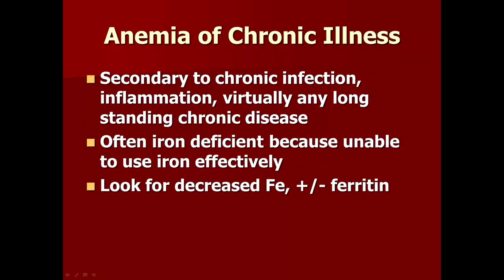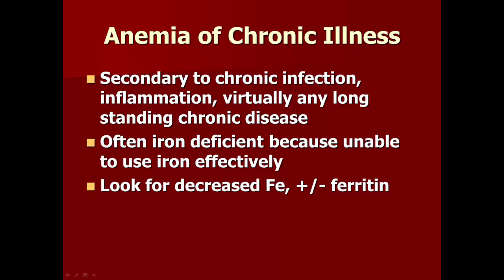The second most common type of anemia overall, now remember, iron deficiency anemia is the most common type of anemia you will see. Thalassemia was the most common genetic disorder and causes a microcytic anemia. Anemia of chronic illness is overall the second most common anemia behind iron deficiency anemia, but anemia of chronic illness is normocytic.